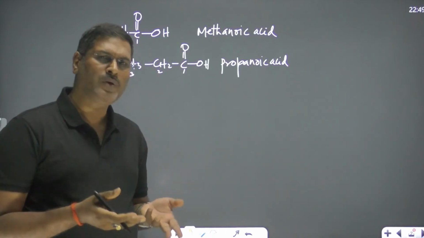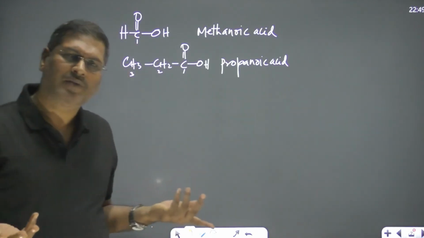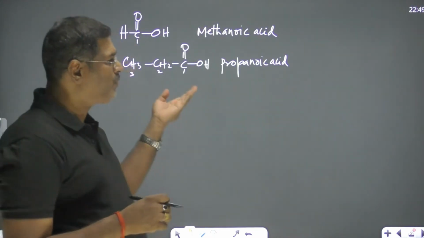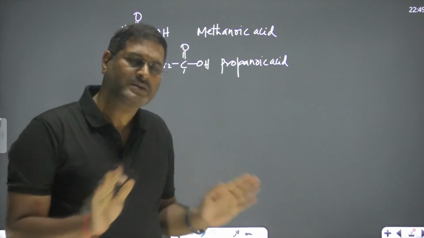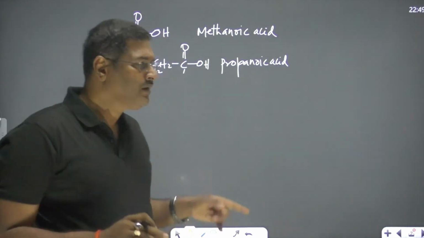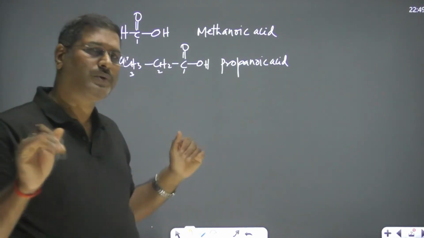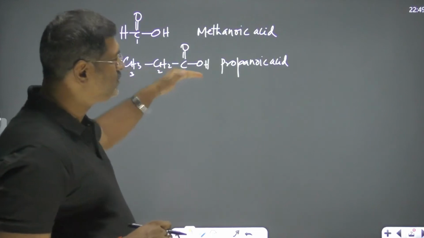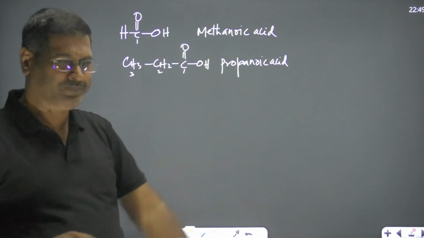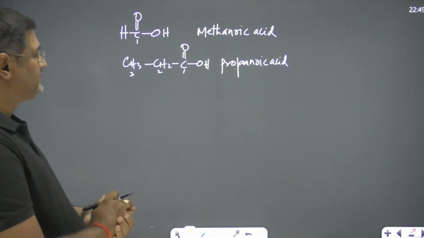You can write propan-1-oic acid, but by default the meaning is the same. Whether you write propanoic acid or propan-1-oic acid, the meaning is the same. Essentially this COOH group is the first one. That's why there is no confusion and you can manage without this locant 1. Right? Okay.